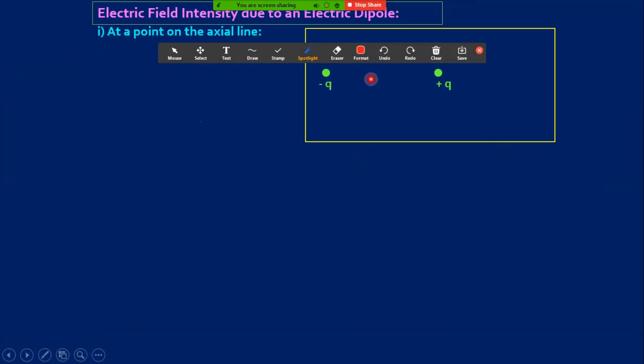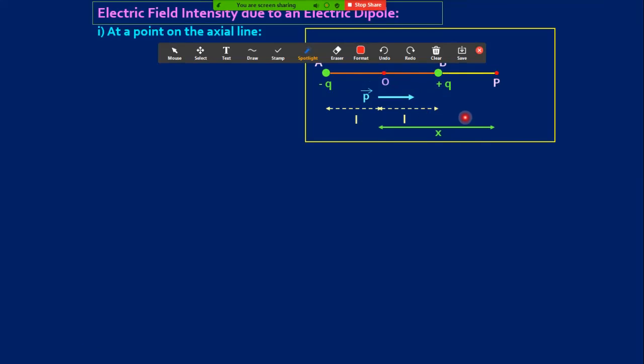Okay, this is the position of the two charges and this is the direction of P, and the middle point of these two charges is O. We are going to determine the electric field at point P, which is x distance away from O. Now we determine the direction of the electric field intensity at point P due to A and due to B. The direction of field EB is like that, and electric field EA is like that.